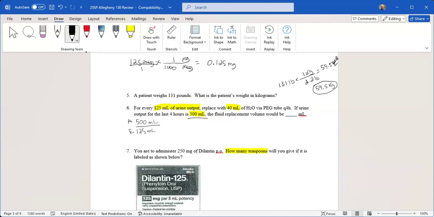And then I'll use this as the expected. Okay. The reason I'm showing you these things is because sometimes this question might be written out differently. It might say, over the last 4 hours, urine output has been 500 milliliters. For every 125 milliliters of urine output, replace with 40 milliliters. So it might be rearranged if it asks you that. So it's helpful to know what is the actual output.